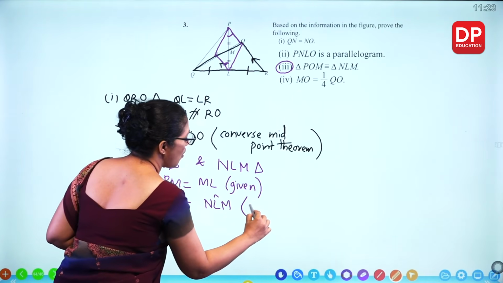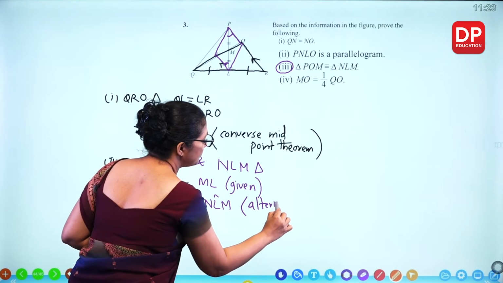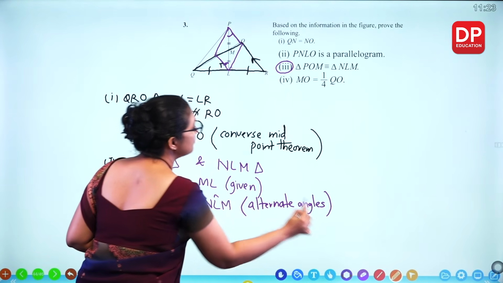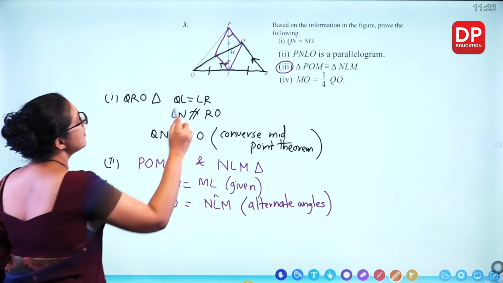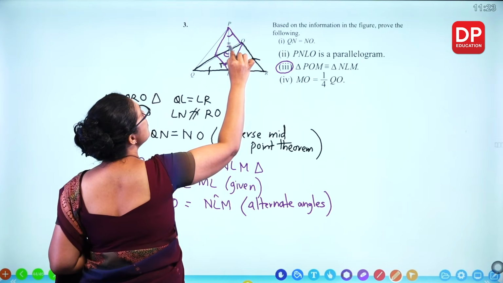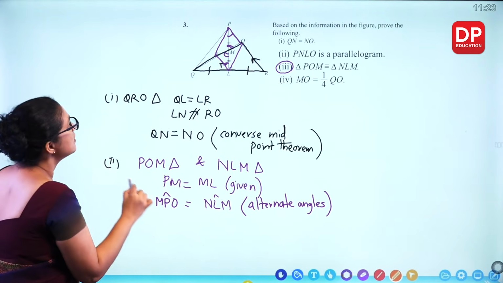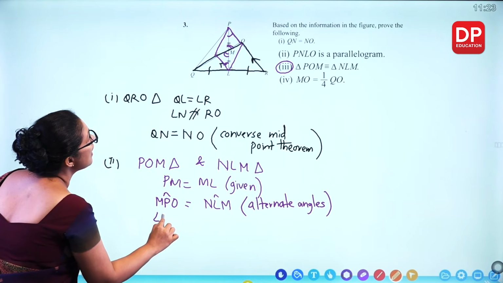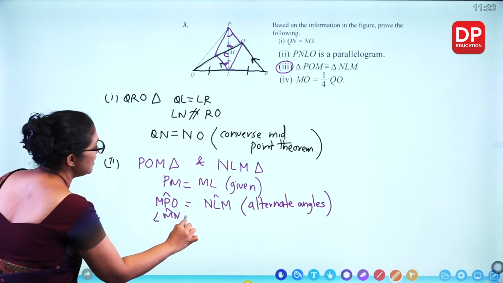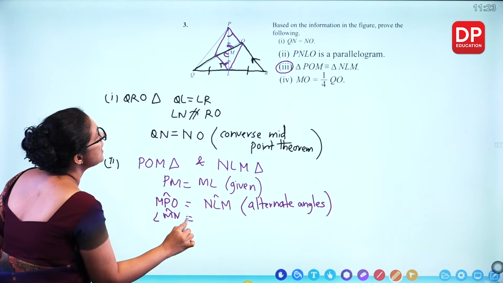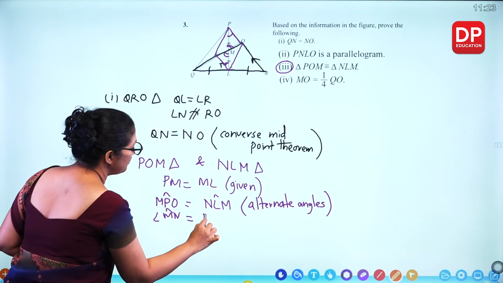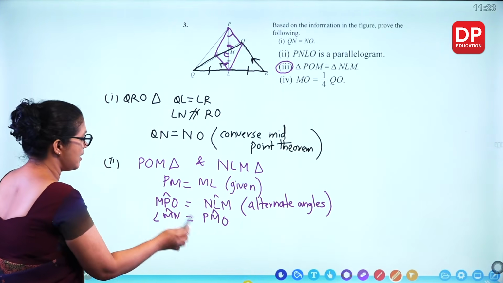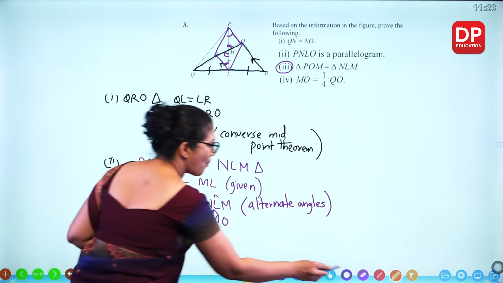Those are alternate angles. And then this angle is equal to this angle. LMN angle is equal to PMO angle. Here, this should be this side. I'll write it properly.